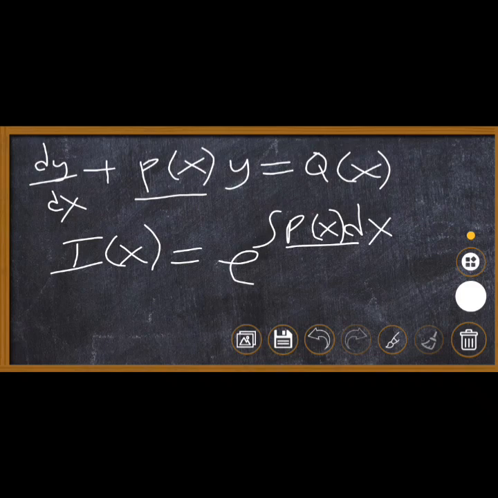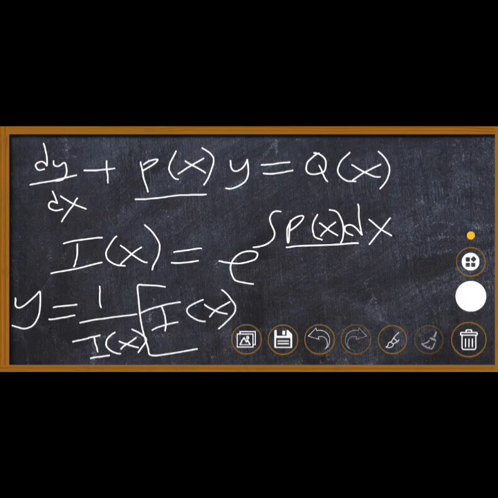You always replace in the general equation where we have y equal to 1 over the integrating factor that you have found, times the integral of the integrating factor I multiplied by q of x dx, then add a constant value c. So this is the general equation that you are going to be using, where you are going to be replacing the values.